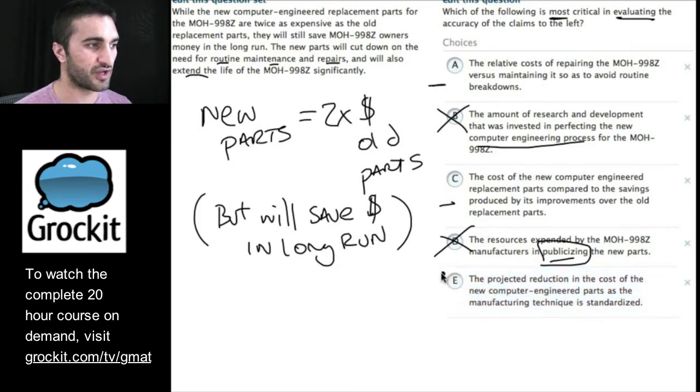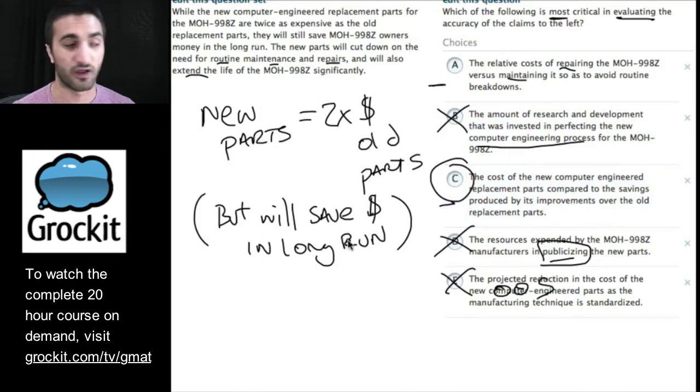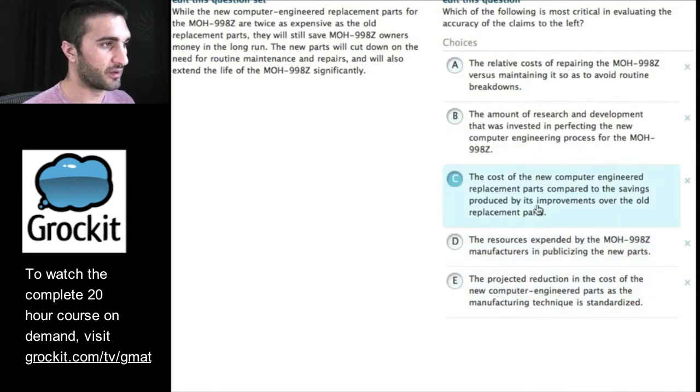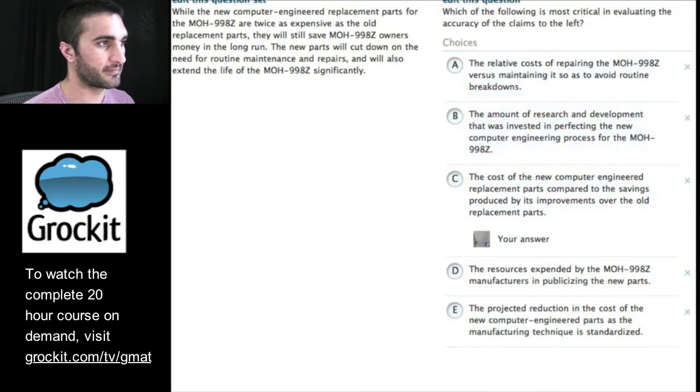So the projected reduction in these costs seems a bit out of the scope of this argument. Let's go back to these two. The relative cost of repairing them versus maintaining them. It looks like they're just trying to mix it up by pulling in words that were in the passage, whereas C is really addressing the issue of the cost of the new parts versus the cost of the savings in the long run. I'm going to go ahead and pick C.